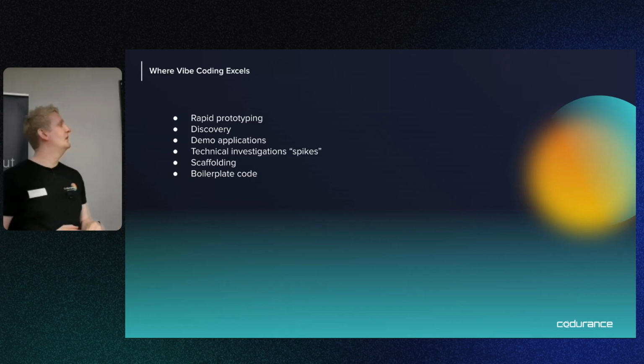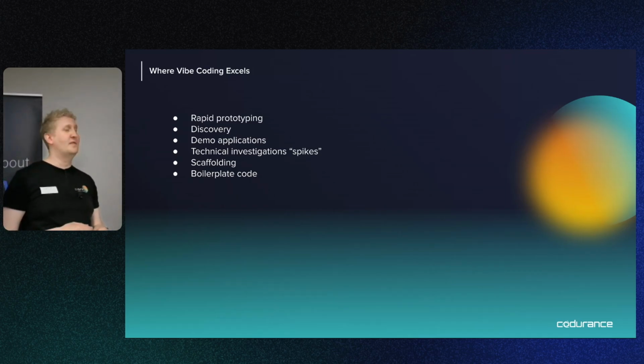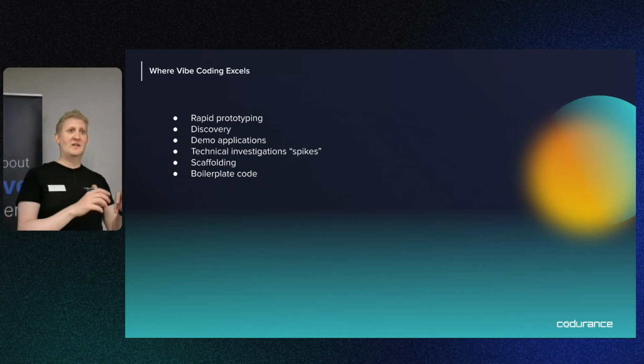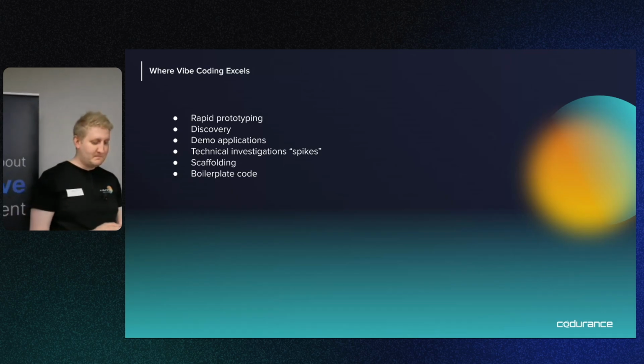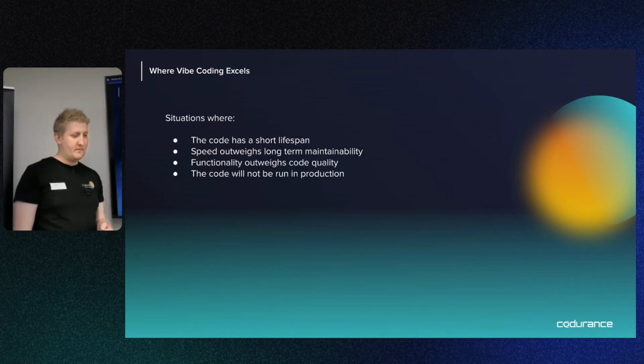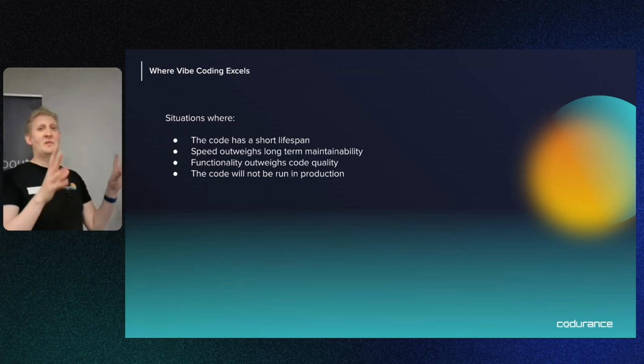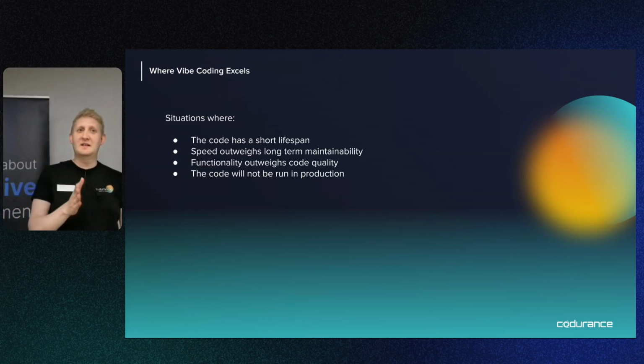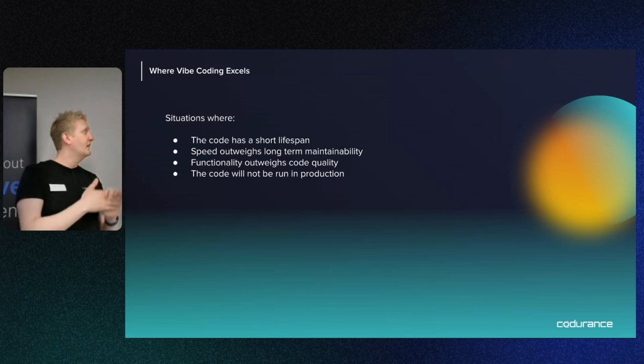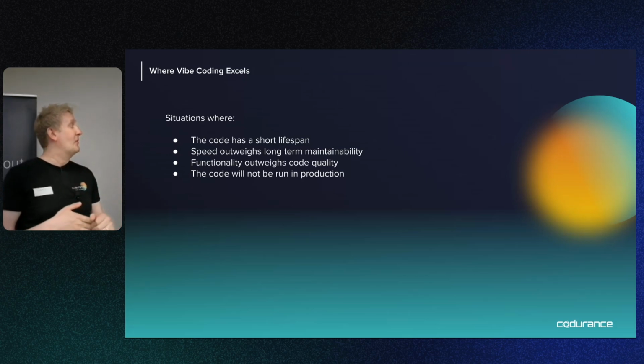But if you look at all of those scenarios, they tend to share a few common traits that are interesting. The code generally has quite a short lifespan in all those situations. You're caring more about speed.